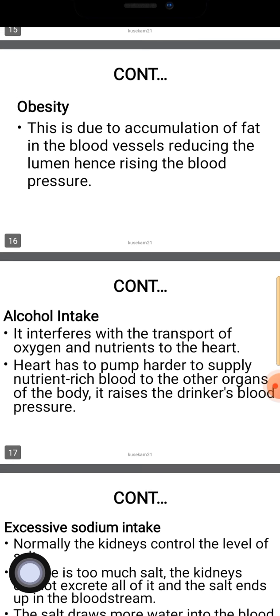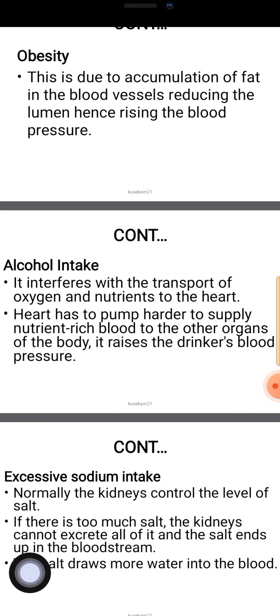Then talk of obesity. On top of obesity, this is where someone has more fats. So on this one, bring in the anatomy and physiology of the human body. There are blood vessels, and we know where these blood vessels are attached. If there is more fats in the body, they may accumulate in the blood vessel, narrowing the lumen of the blood vessel.